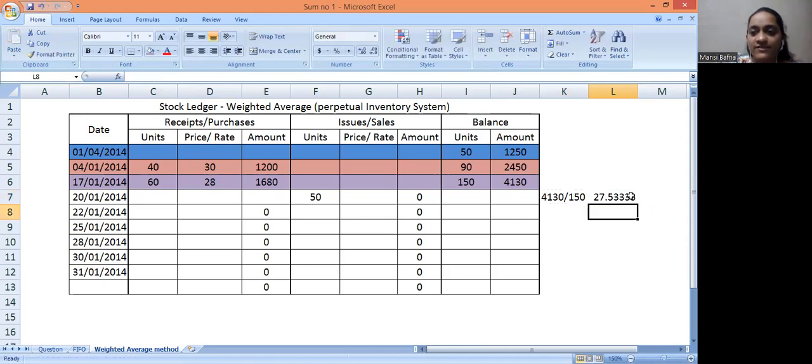That will give you 27.53, which you will round off to 27.5. You can take the rate up to 2 decimals. So you will get 27.5 over here and your total value will be 1375. This 27.5 which is there over here, I'll just mark it for you. This 27.5 is taken from here.